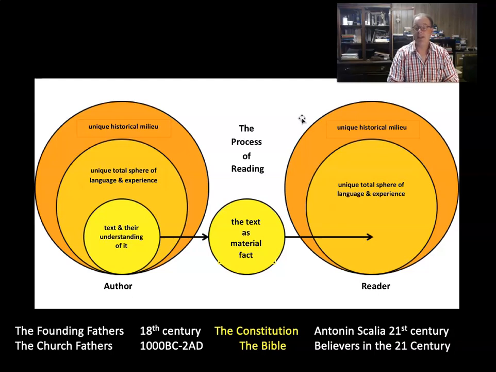But here's the key thing. The meaning of things like the Bible, the meaning of things like the Constitution, is not simply an academic exercise. These books and their meanings, these texts, I should say, shape the identities of people, shape them as human beings and their outlook on the world, and shape communities.